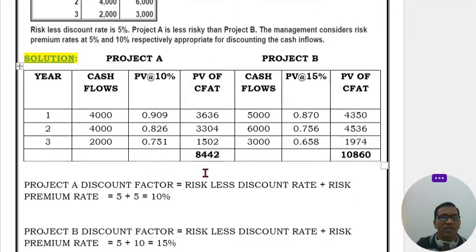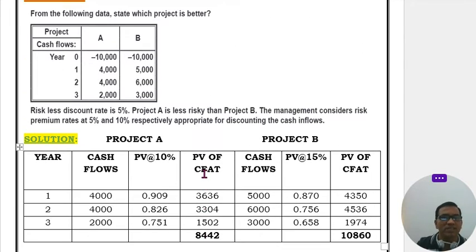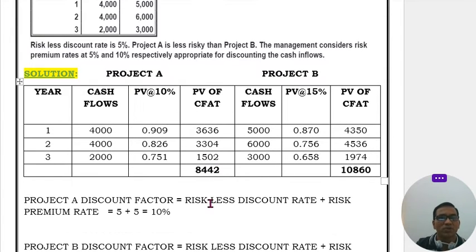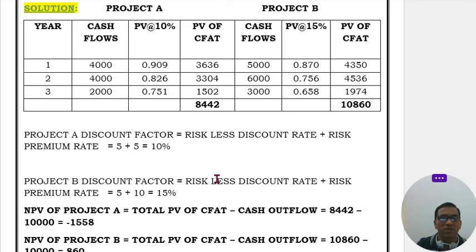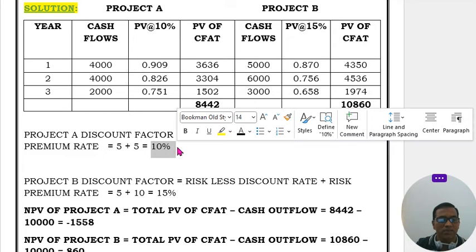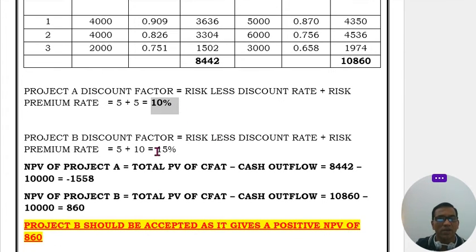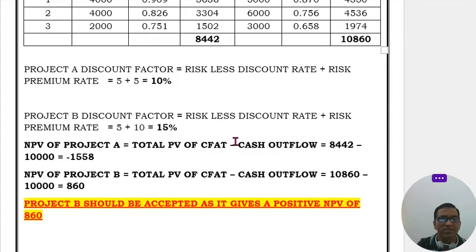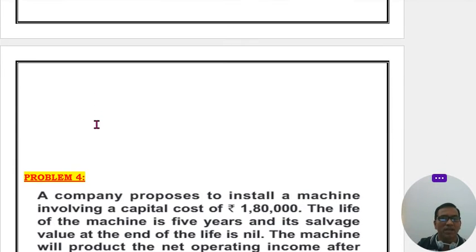And the important thing in this problem is, in order to take the discount factor, rate of return for table values, we have to use riskless discount rate plus risk premium rate. So here you got 10% for project A, and for project B 15%. So at two different risk premium rates, project B should be accepted.